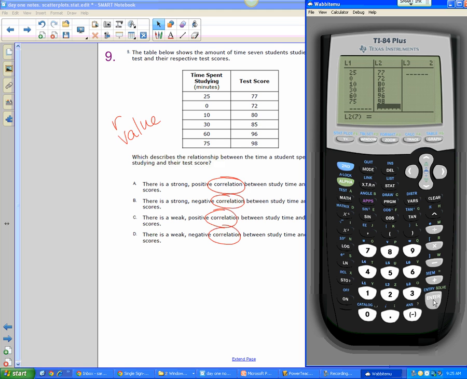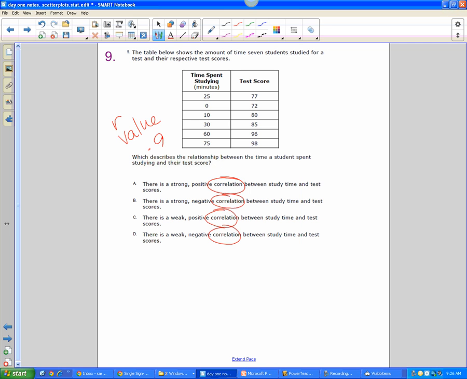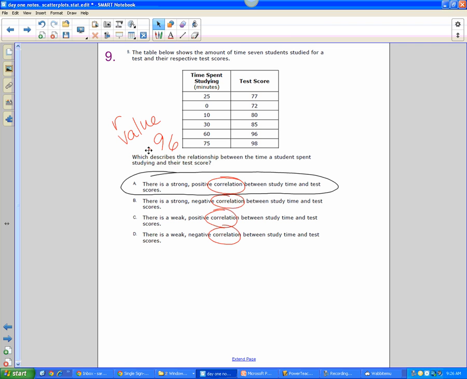All right, press stat again. Over to calc, down to number 4. And it asks for the correlation, so we're looking at R value. I'm going to round that to 0.96. So the R value is 0.96. Elijah, is that a strong positive, strong negative, weak positive, or weak negative? Good, strong positive. So that one is A.